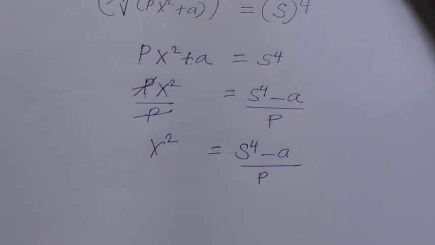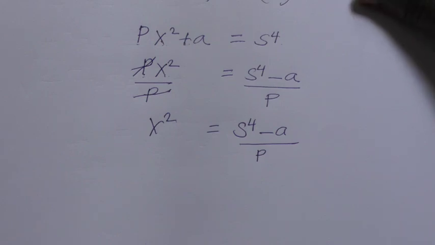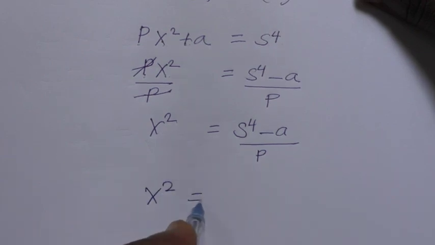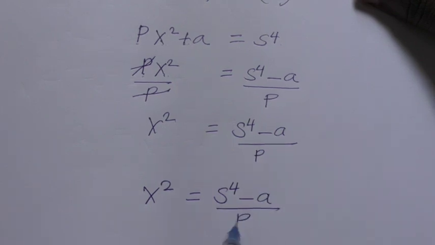But our task is to make x the subject and not x squared. And therefore, we find means of removing the square. So we have x squared equaling s power 4 minus a over p.